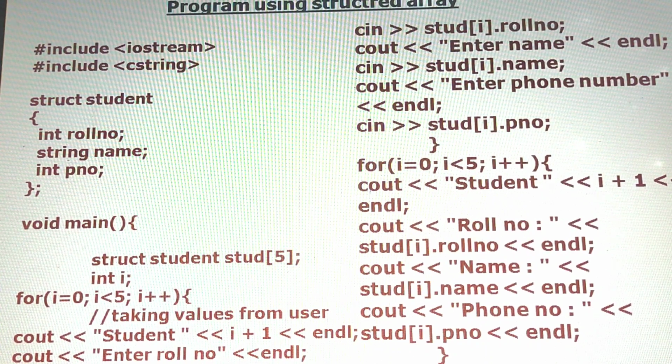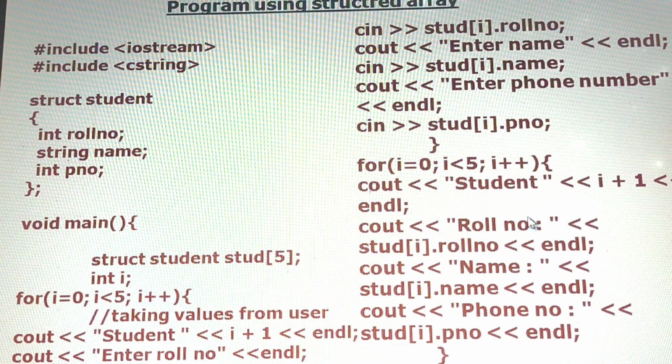Then you have to use the loop statement. Loop statement: for i is equal to 0, the initial value is 0, final value less than 5. Then increment. Then this is the prompt statement, cout for user: cout student 1. Then enter the roll number.